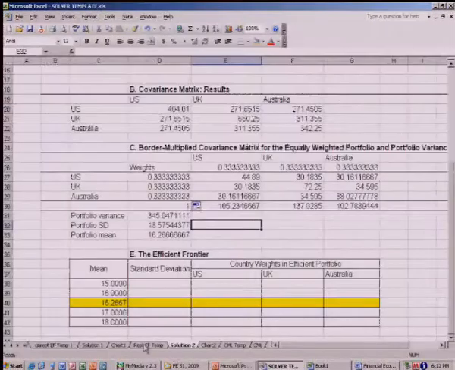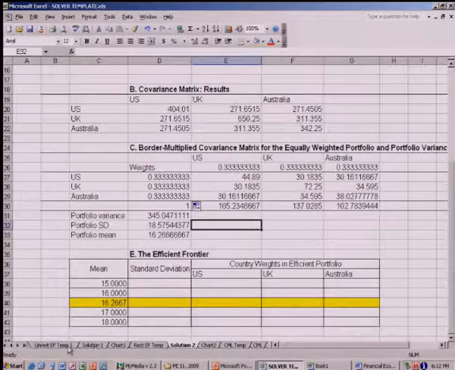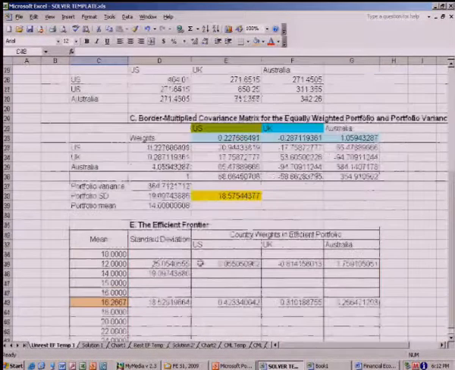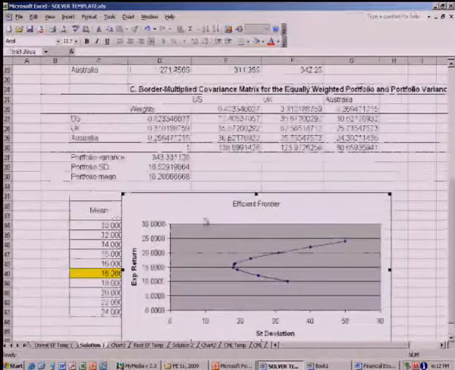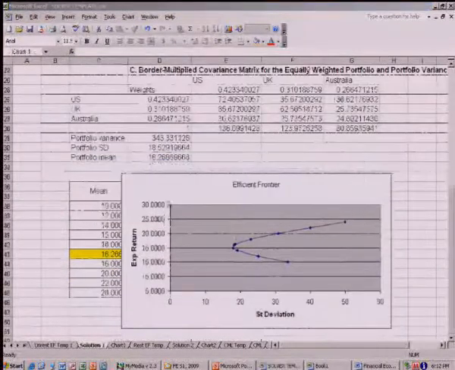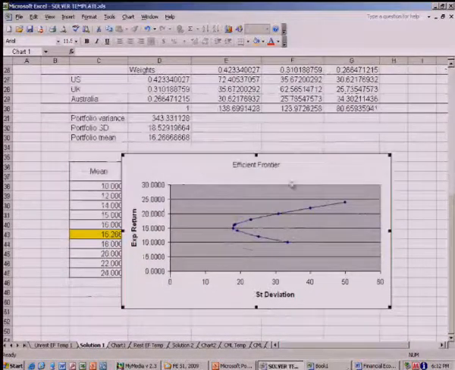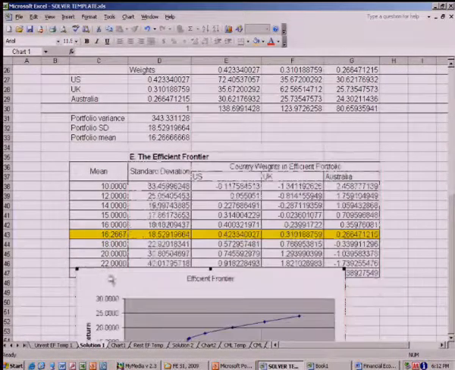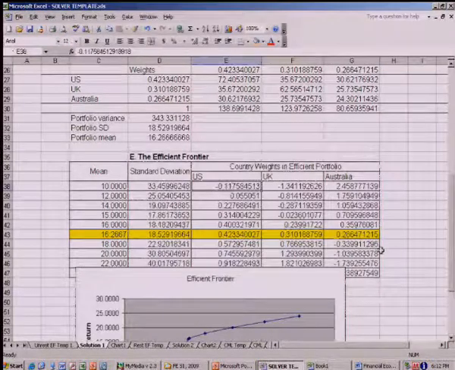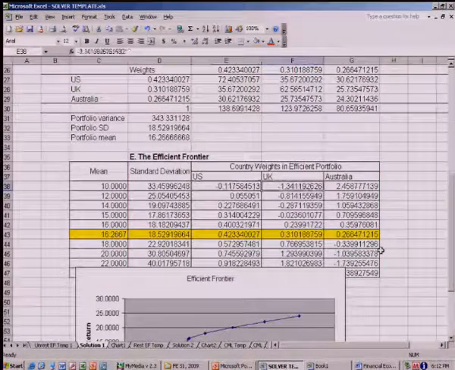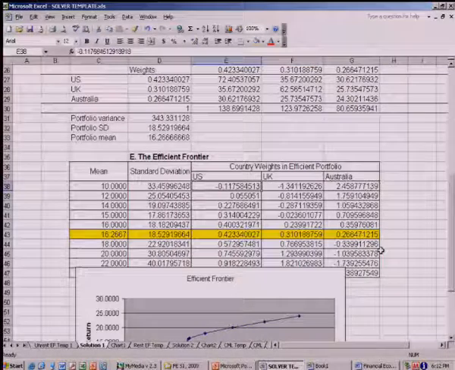While previously, with the unrestricted efficient frontier, when we calculated it, there was a number. Well, I just want to move it. It doesn't want to let me move it. Here, you can see this number of weights that are actually negative. What does that mean?